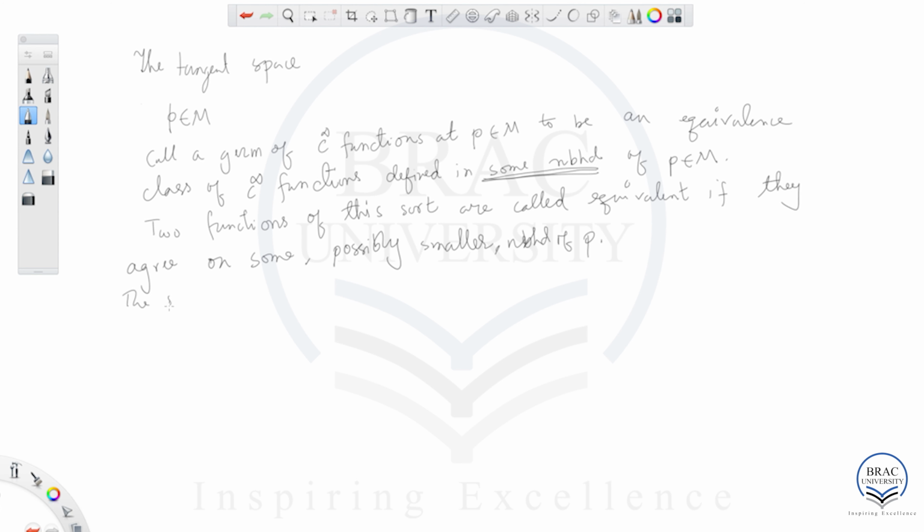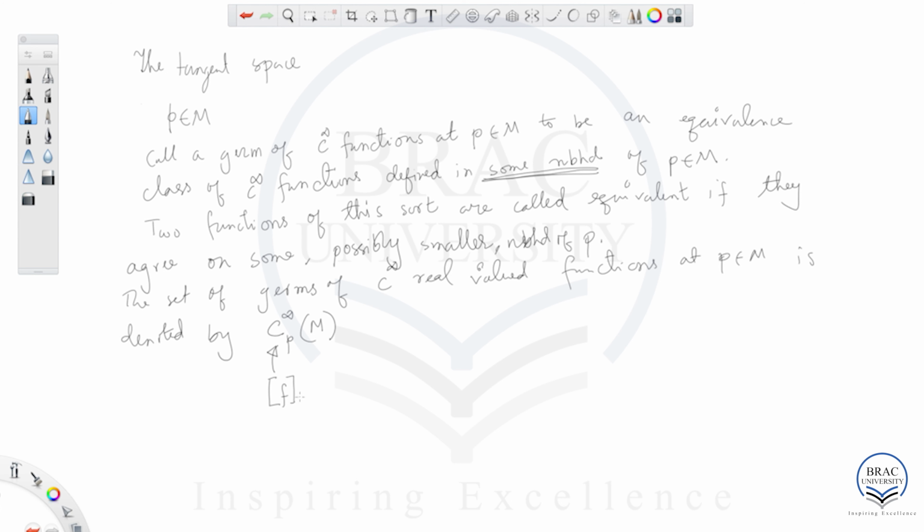So the set of all germs of smooth real valued functions at P in M is denoted by C_p infinity of M. So the elements in this set are equivalence classes.